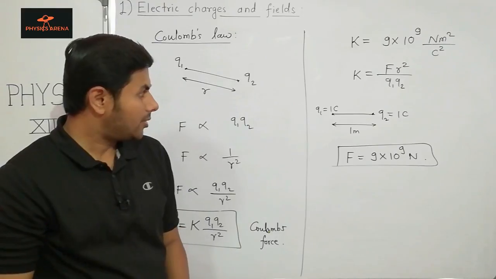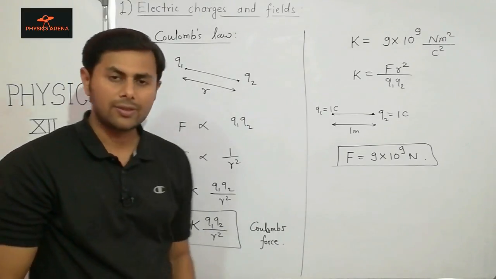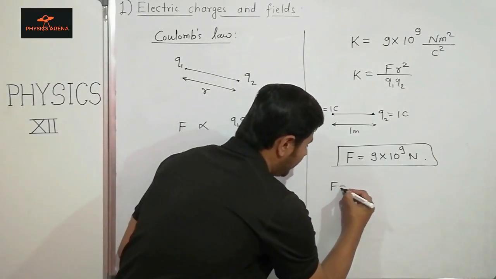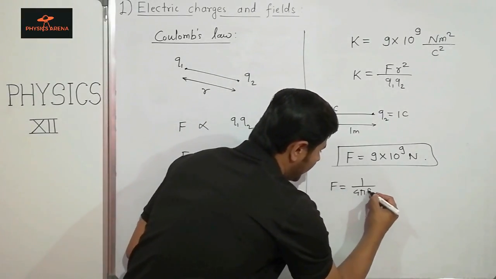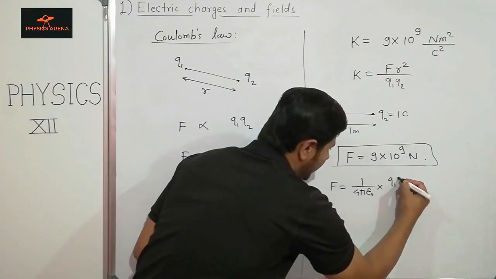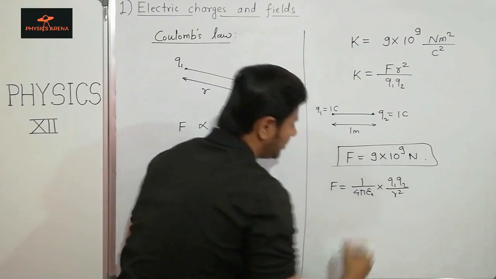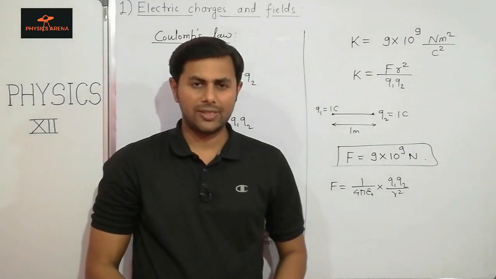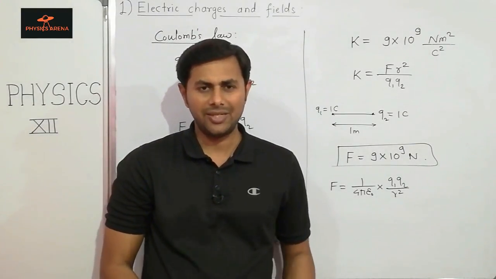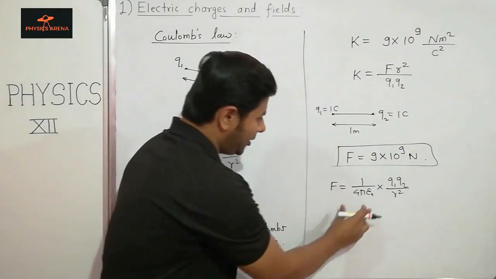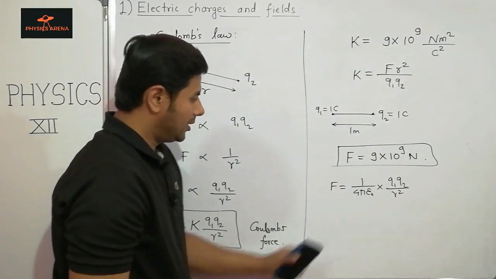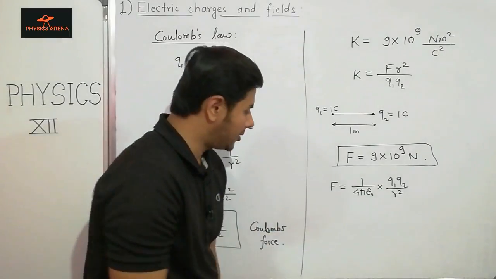Okay, now we can write this force in a more suggestive form like this. F equals 1 divided by 4 pi epsilon naught into Q1 Q2 upon R squared. Why this form is more suggestive, I will tell you in later lectures. So here we have written K equals 1 divided by 4 pi epsilon naught.